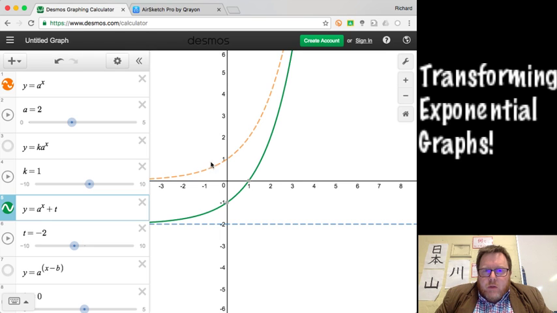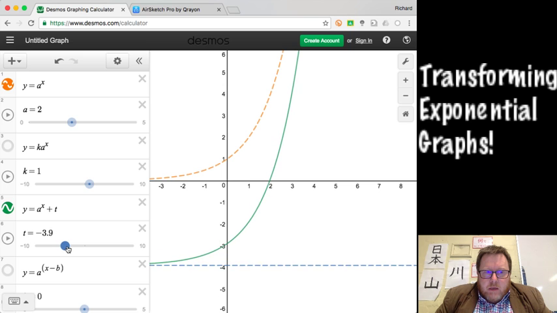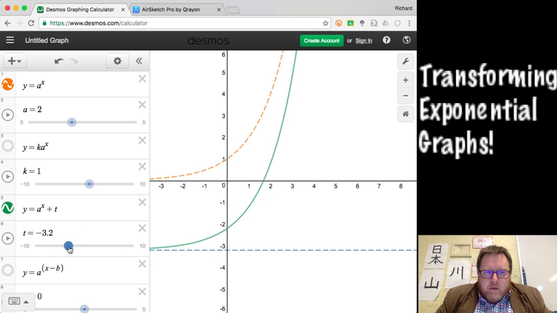But because I've pushed my graph down underneath the x-axis so that the horizontal asymptote is below the x-axis, it means that we also have an x-intercept as well. Now, where I've got it here is pretty easy. It's equal to 1, but I could choose a value. So let's go to t equal to -4. Even that's pretty easy. Let me go to -3 instead.